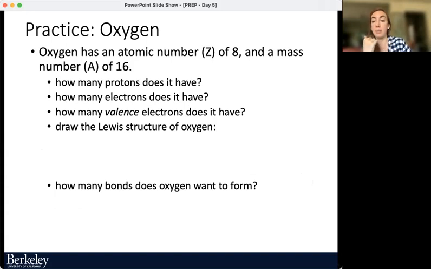That will tell us how many electrons it has if it's neutral. Then we can count how many valence electrons it has, either by filling up our orbitals or by looking at what column it's in on the periodic table. Then we can draw its Lewis structure, and we can figure out from how many valence electrons it has, or from looking at its Lewis structure, how many bonds it wants to form.